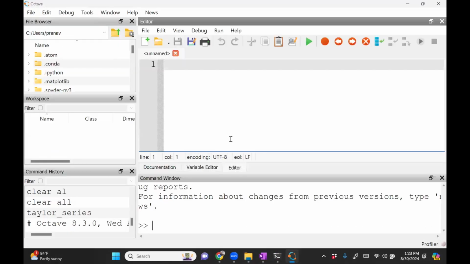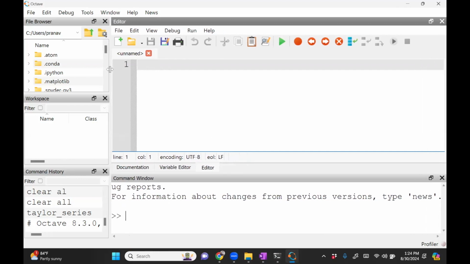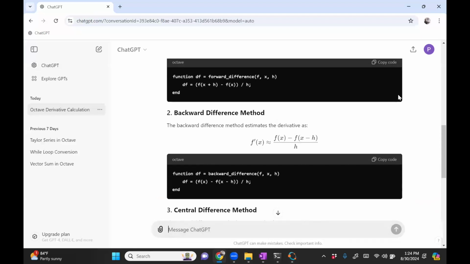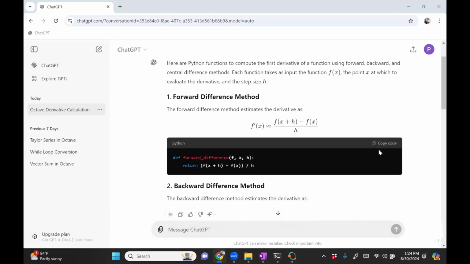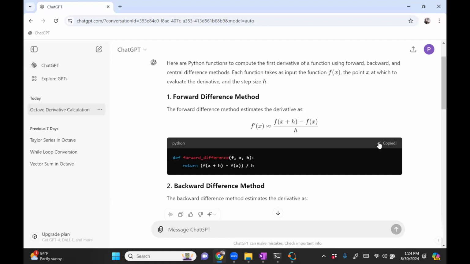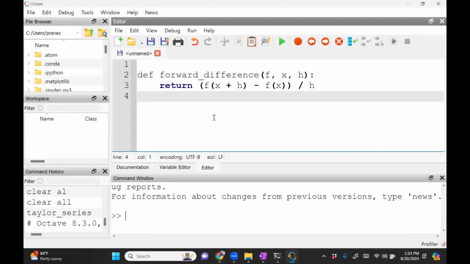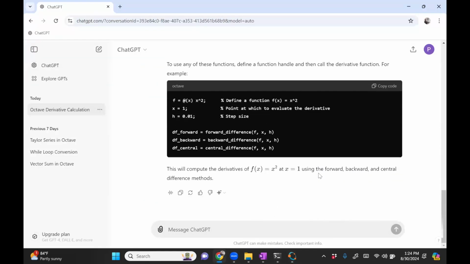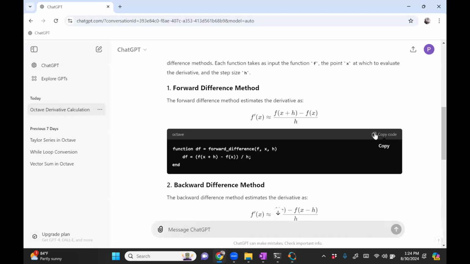Okay, so editor, and let's copy these things. Forward difference. And copy. It looks well. Oh, this is Python, my bad. I shouldn't do the Python one. This is the Octave one. So copy this code.